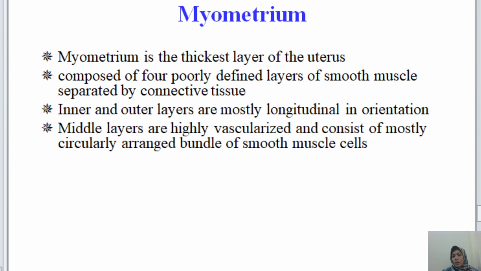The inner and outer layers, the first and fourth layers, are longitudinal, meaning parallel to the long axis of the uterus. The middle layers, the second and third layers, contain circular and oblique fibers, as well as large blood vessels, and consist mostly of circularly arranged bundles of smooth muscle cells.